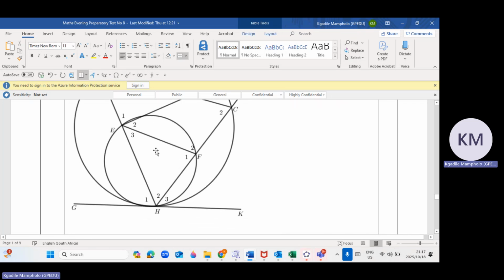AH over AE equals CH over CF, proportion theorem, because the two lines are parallel.